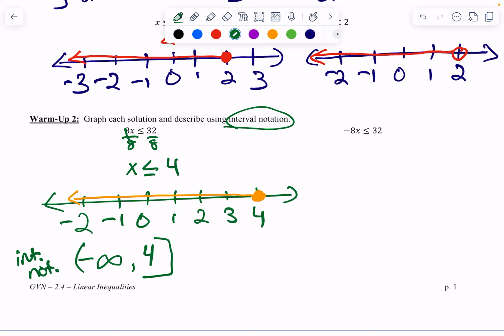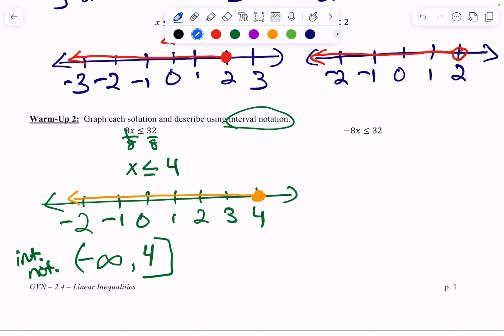Okay, let's look at this next one. We have now negative 8x is less than or equal to 32. So we need to divide by negative 8 on both sides here.